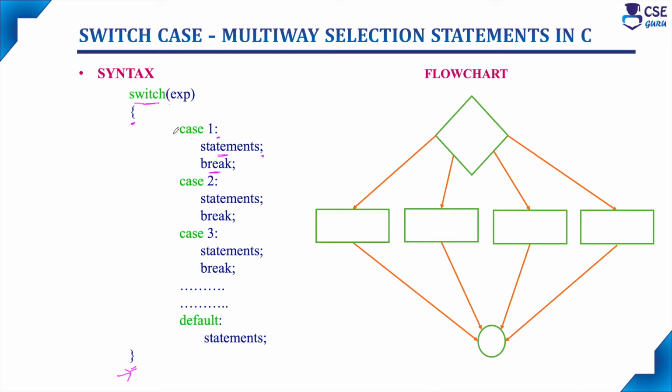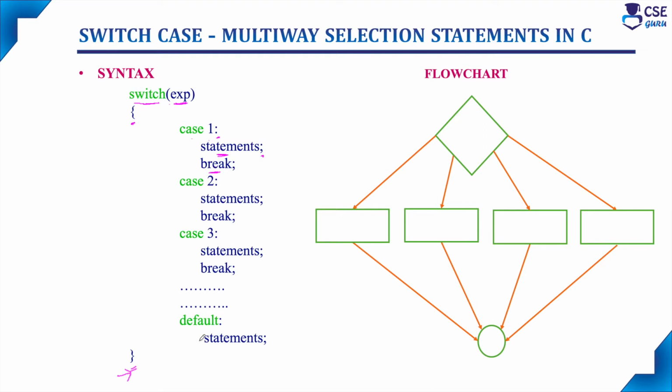Each alternative is represented like a case statement. Among these many alternatives, based on the expression evaluation, only one alternative is chosen at a time and the statements present in it are executed. After executing the statements in that particular case, it goes out of the switch statement, skipping the remaining case statements as well as the default statement.